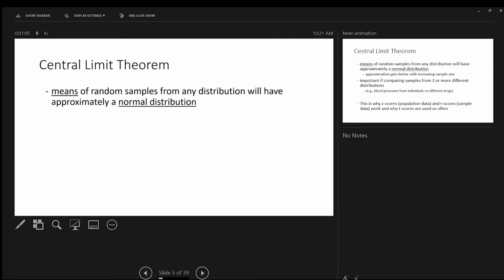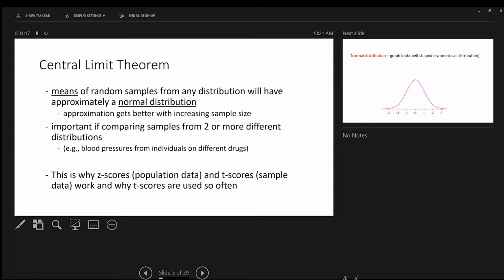The means of random samples from any distribution will have approximately a normal distribution, is what it states. And the approximation gets better with increasing sample size. It's important if you're comparing samples from 2 or more different populations, because they'll all follow this normal distribution.